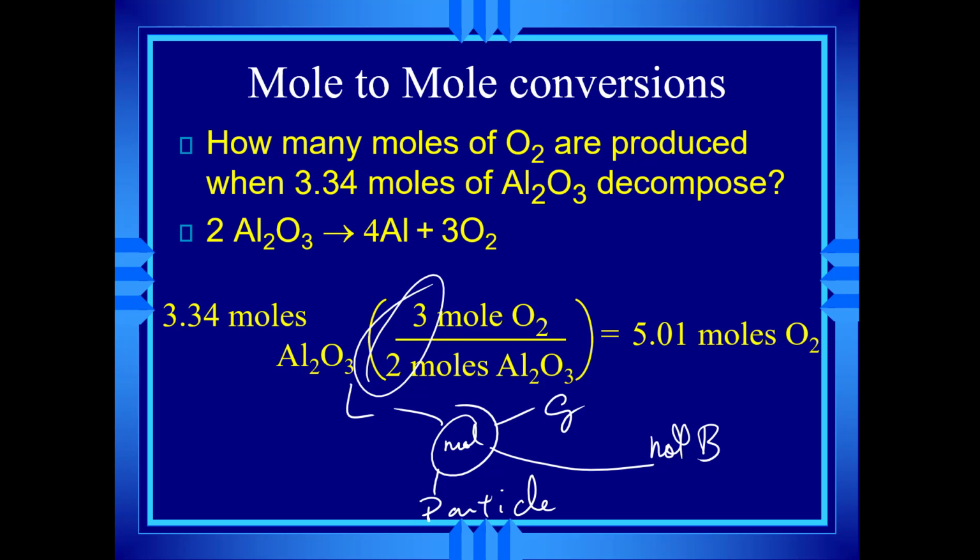But if my next conversion factor, if I want to turn this into grams, I'd go from moles of O2 to grams of O2. And it would be 1 mole of O2 weighs 32 grams. I only use the coefficients when I'm changing from one chemical to another. Because that's where you got the coefficients from, where one chemical is changing into another. Make sense?